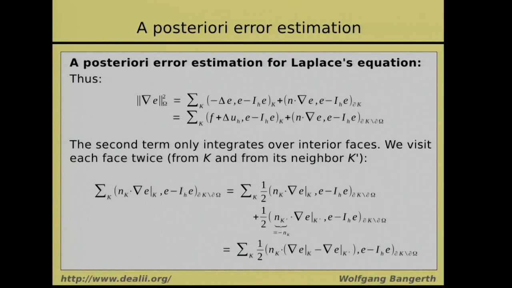So what I would like to do is keep looking at the second term here. What we're doing here is we loop over all of the cells, and on every cell I'm going to integrate over the interior faces. And if you think about this, that means that I'm going to visit every face twice, right? So if I have neighboring cells k and k prime, then I'm going to integrate from cell k.